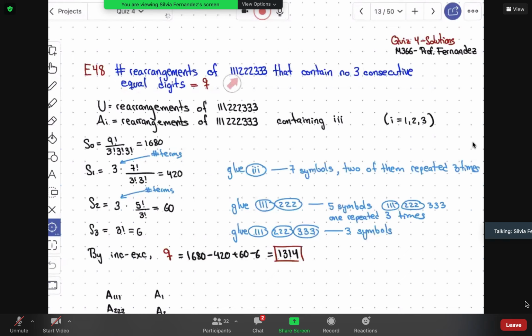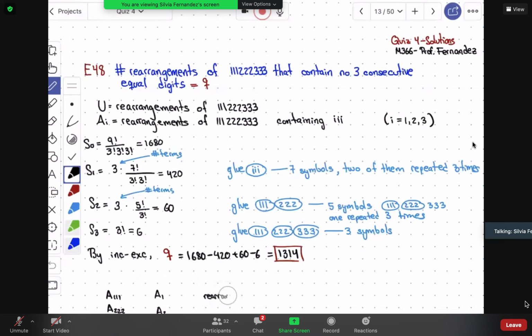In this one, you have rearrangements of these words that contain no three consecutive equal digits. This is what you want to avoid, having three consecutive equal digits. That's why I'm defining the sets A111 as the rearrangements that have three consecutive ones.